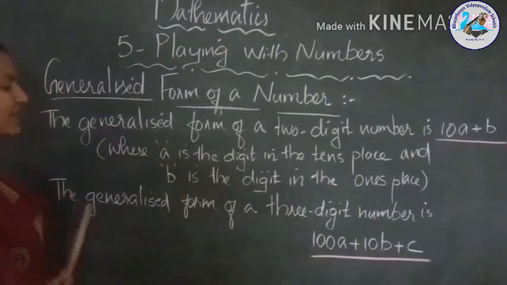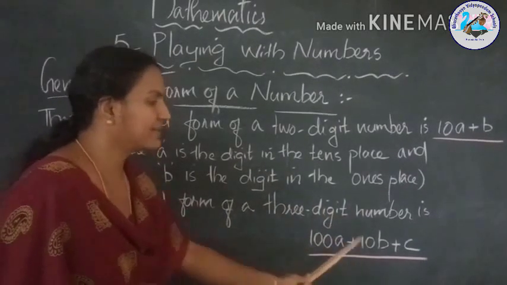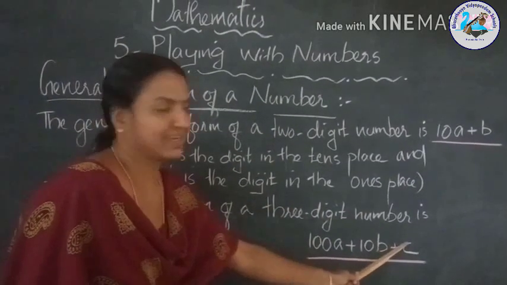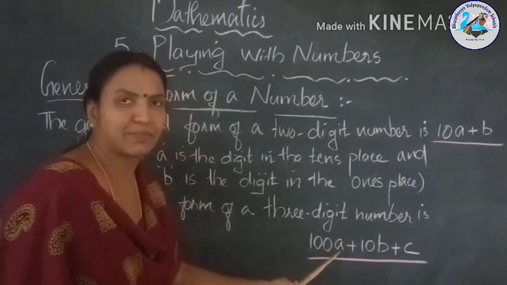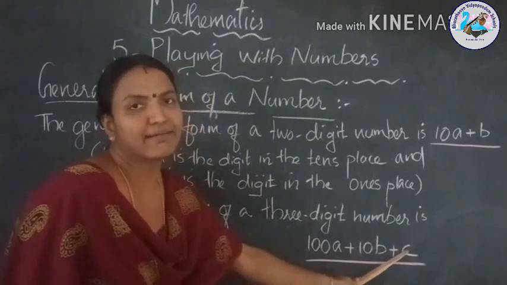The generalized form of a 3-digit number is 100a plus 10b plus c. Here a is the digit in the hundreds place, b is the digit in the tens place and c is the digit in the ones place.